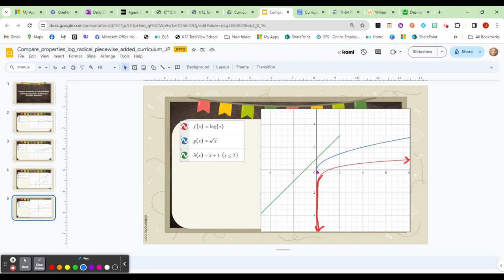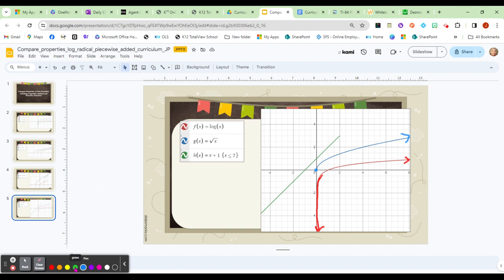If we look at the square root function, it has an endpoint. It actually starts here at an endpoint, no arrow, and then it continues to increase as it travels left and right. So the square root function only has one arrow on one end, and a log function has an arrow on both ends. And then the green graph is my piecewise function.